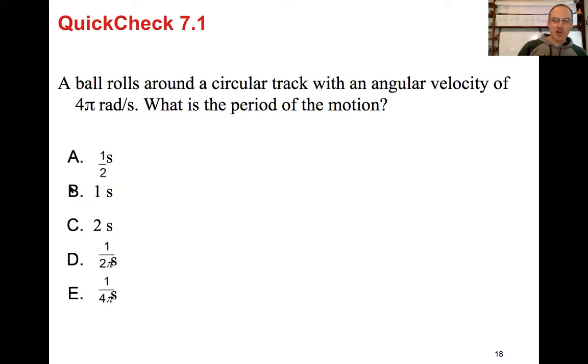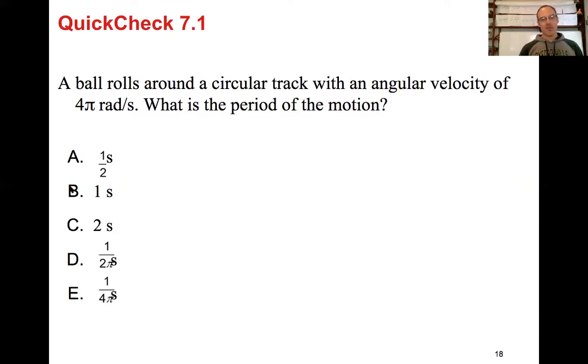All right, so we have a ball rolling around a circular track. It's got an angular velocity of 4 pi radians per second. What is the period of that motion? This is what I'd ask you, and you'd be like, oh, man, I don't know. But what they're saying is they want to know the period, but they're telling us the angular velocity, right? So the angular velocity is 4 pi radians per second.